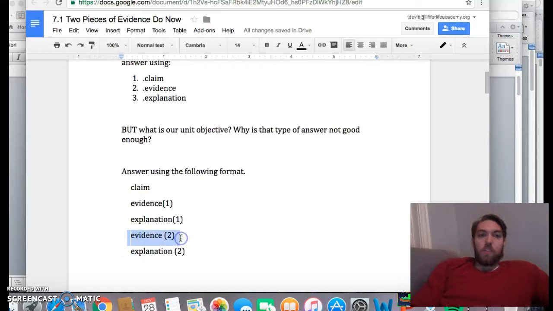So you pull out a second quote that will also prove what you're trying to prove in your claim. And then you're going to explain what that quote really means, why you pulled out that quote. Okay, so you have your claim with a piece of evidence that proves it, and an explanation that explains your evidence. And then you're going to have your second piece of evidence, which will also prove your claim, and then that explanation that explains why that quote's important.